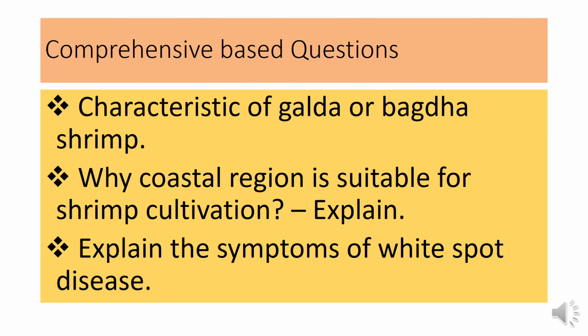Here are some other comprehensive-based questions, that is, characteristics of Golda and Bagda shrimp. The two popular shrimps among all shrimp varieties are Golda shrimp and Bagda shrimp. Mainly Golda shrimp lives in fresh water or sweet water, that is, it is a sweet water fish.